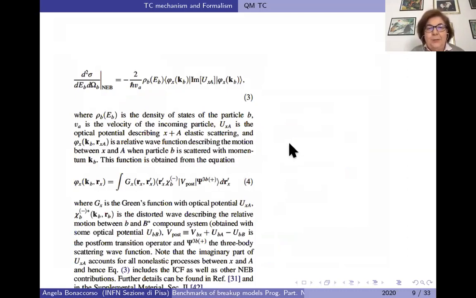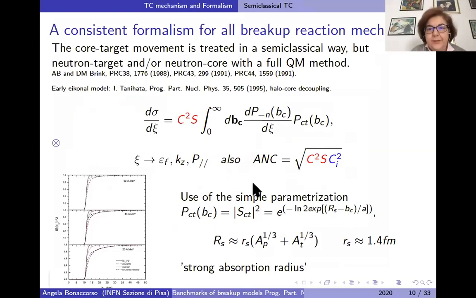So here is a bit more discussion, just in case someone wants to know later on. So what happens instead in the semi-classical model? In the semi-classical model, we had started a long time before 88, because we were studying transfer to bound states.